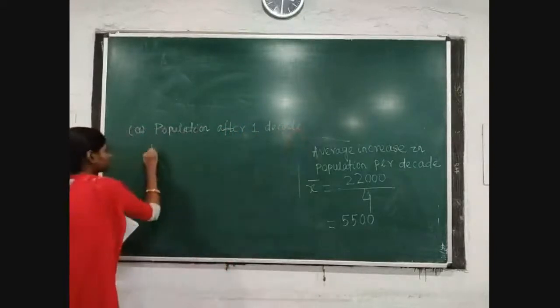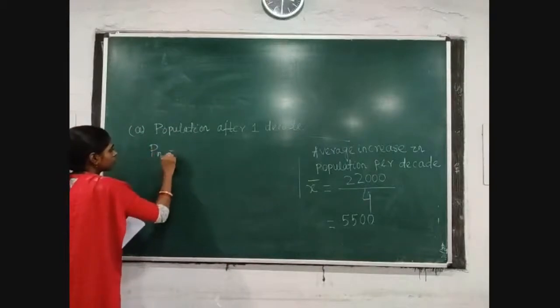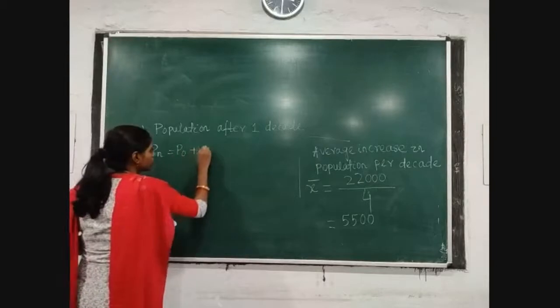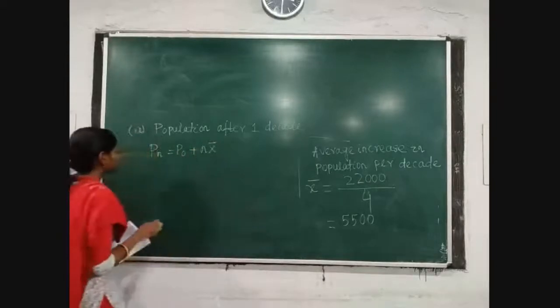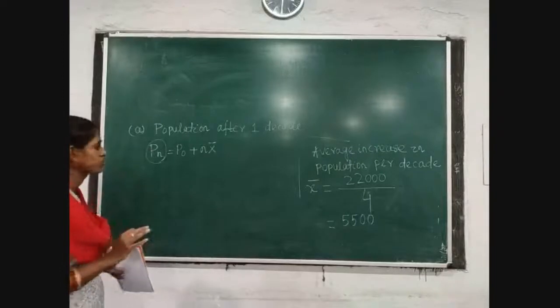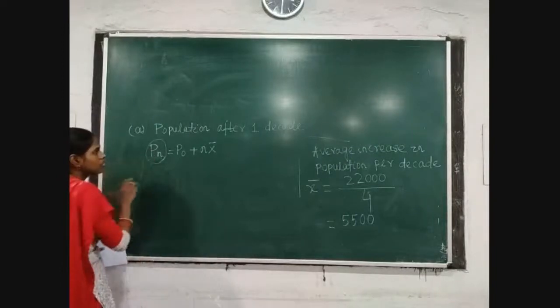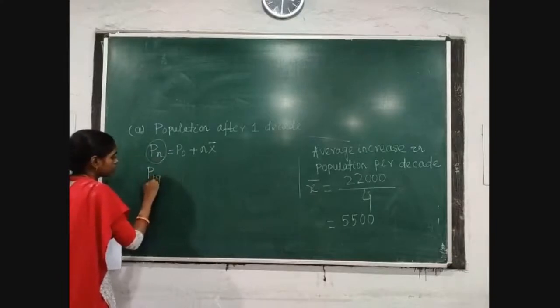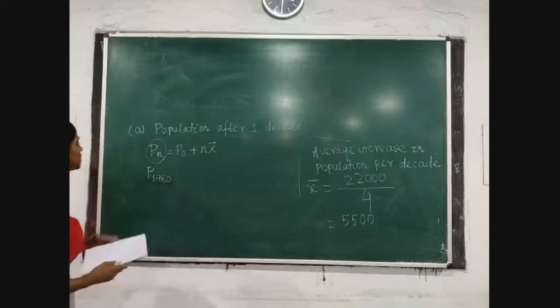The formula is Pn equals P0 plus N x bar, where Pn is the forecasted population, so we can write it as the population in 1980.